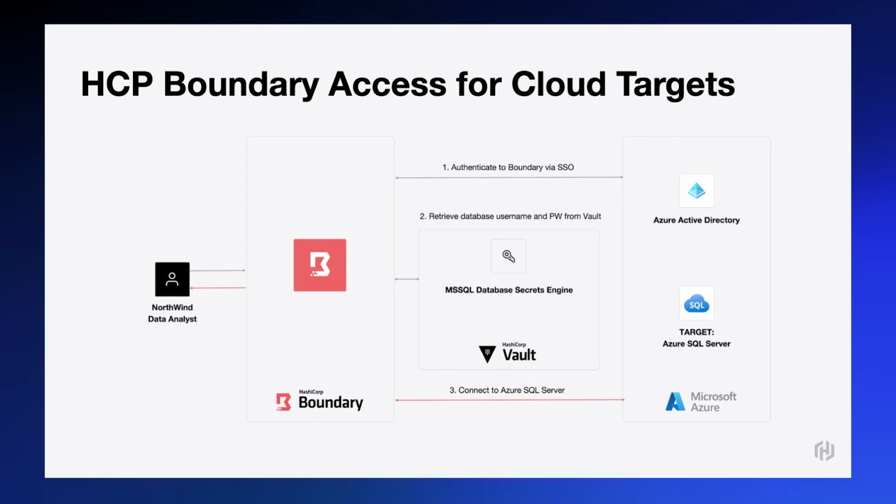We want to implement least privilege for data analysts and have an easy way to revoke access if needed. The solution that we'll show today is to provision HCP Boundary to delegate authentication to Azure AD for SSO and to Boundary. Use Vault to broker credentials for Boundary for the database, and establish a secure connection to the database for the users with Boundary as a proxy.